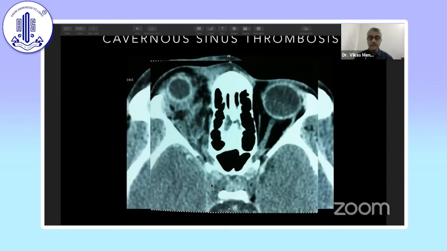So all efforts should be made that a patient with an infection of the lids or orbit should not go into this stage, as it's really very difficult to manage the patients once they reach this point. There is almost 20% risk of death and vision loss.